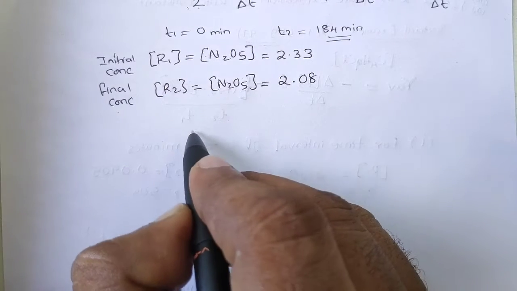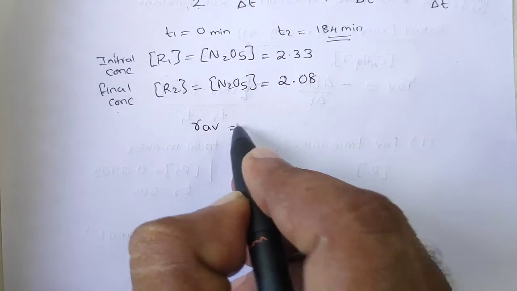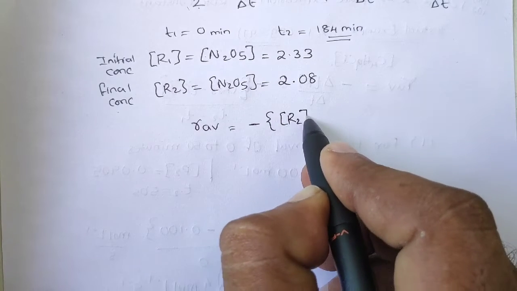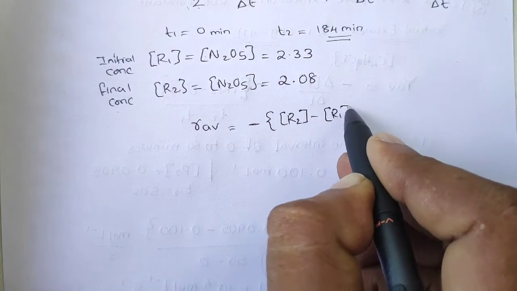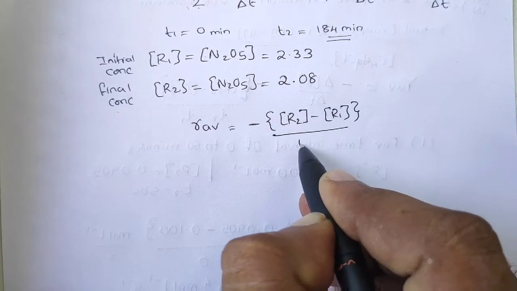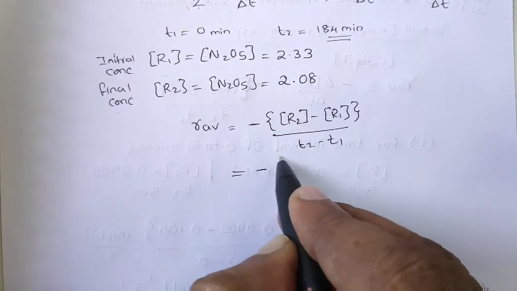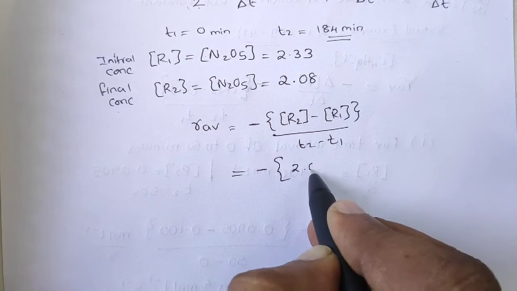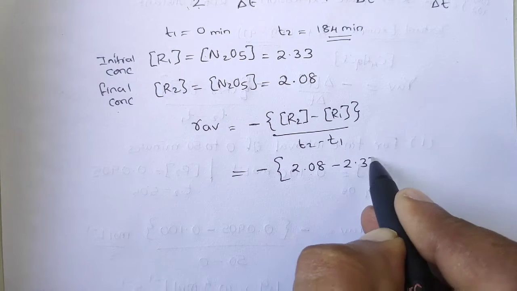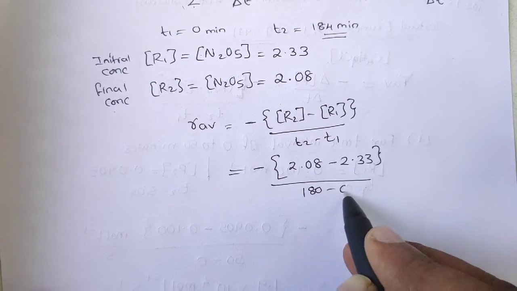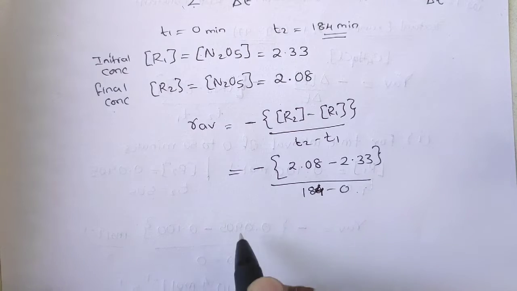So if I substitute this value, we can write here that the average rate will be equal to minus of R2 minus R1 whole upon T2 minus T1, right? Which is equal to minus of 2.08 minus 2.33 divided by 184 minus 0.